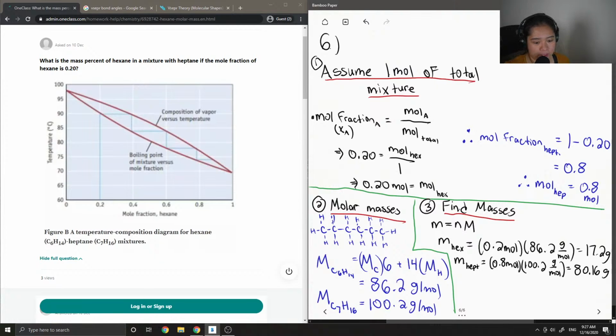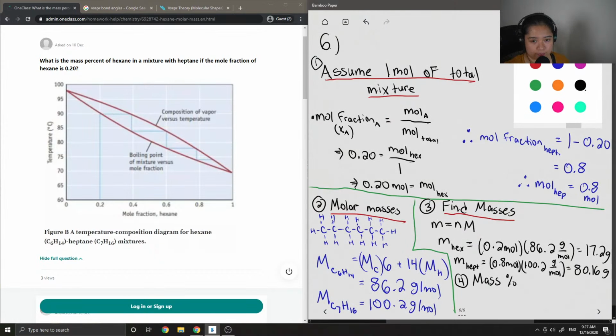Okay, so the question asks for the mass percentage of hexane. We have everything we need to calculate this. The mass percent of hexane is equal to the mass of hexane divided by the total mass of the gases.